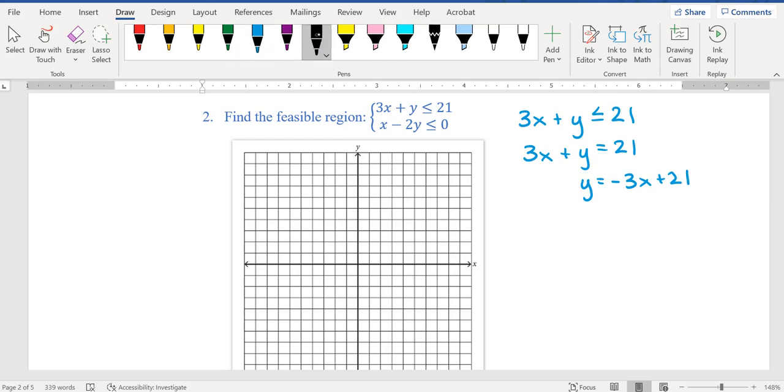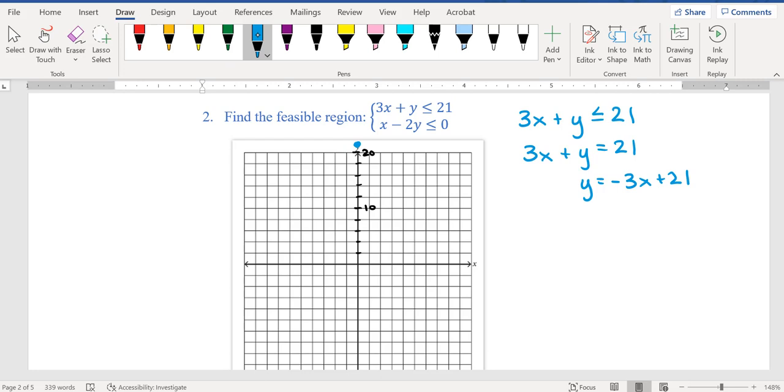I'm going to have to make each of these worth 2: 2, 4, 6, 8, 10, 2, 4, 6, 8, 20, and 21 is right in the middle.